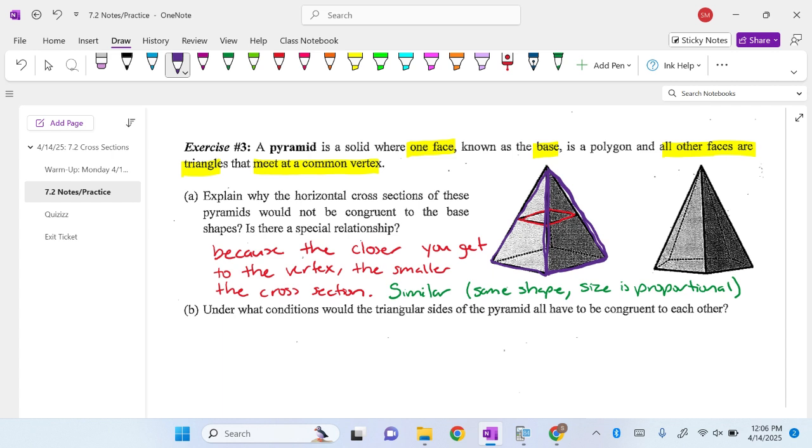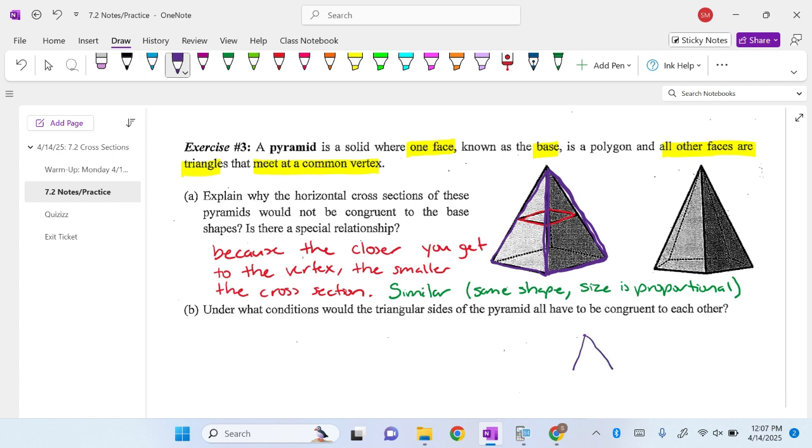Now, we don't really know anything about the angles, but what can we conclude about their sides? They have to be equal. All right, so all the sides of the triangle have to be equal to be congruent to each other. So in other words, the base of the triangle has to be congruent, as well as its height.